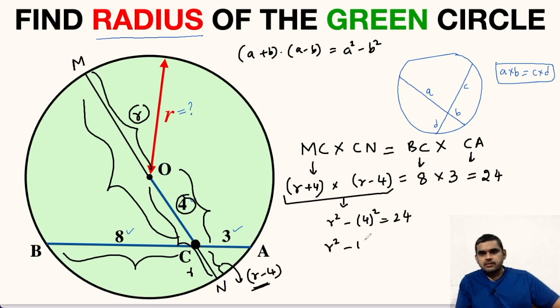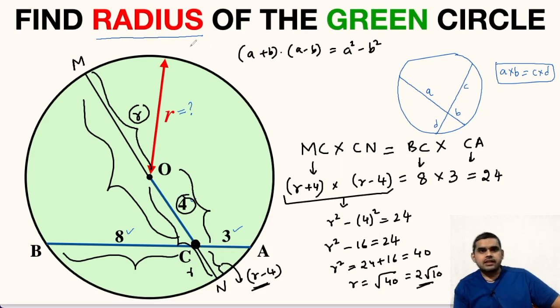So r squared minus 16 is equal to 24. So r squared will be 24 plus 16, so this will be 40. So r will be the square root of 40, which is 2 root 10. So the radius of this green circle will be 2 root 10 units.